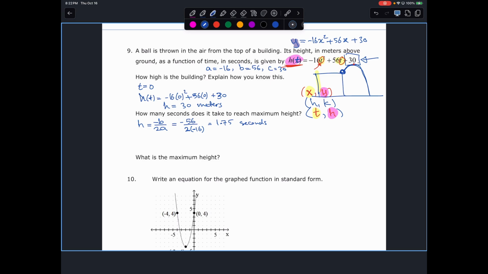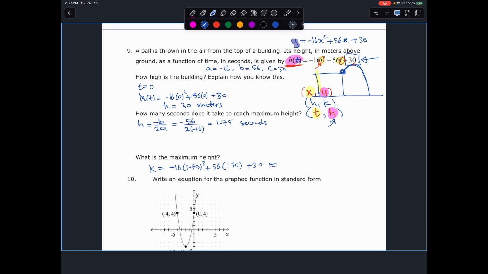What is the maximum height? What do we do here? Plug it into your equation. We're going to compute the k part of the vertex. That is the maximum height. So it's going to be negative 16 times 1.75 squared plus 56 times 1.75 plus 30.